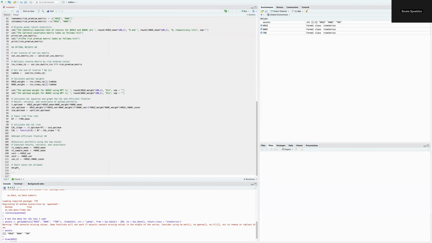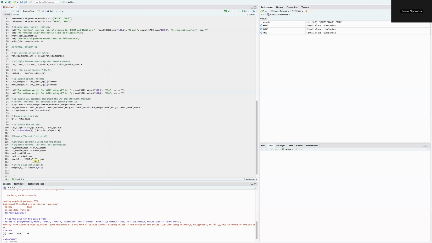Under those assumptions, the weight of the first asset A would be a sequence 0, 1 by 0.1. So the weights have to be between 0 and 1, and we're going to have the increments go by 0.1.